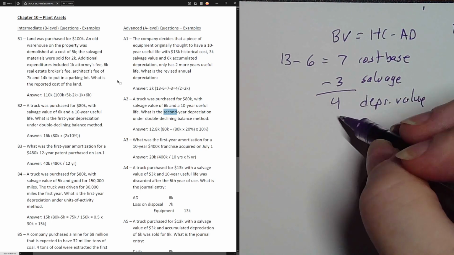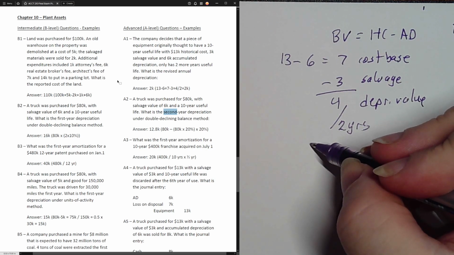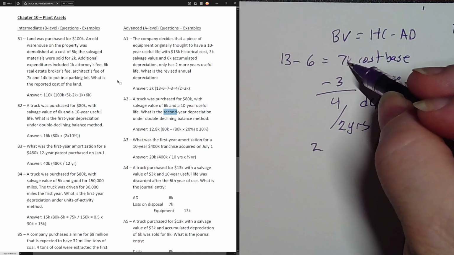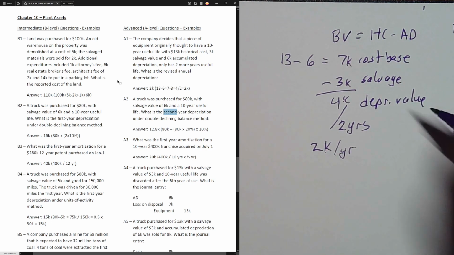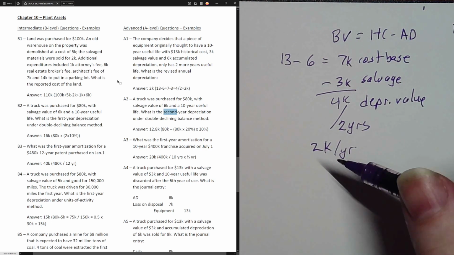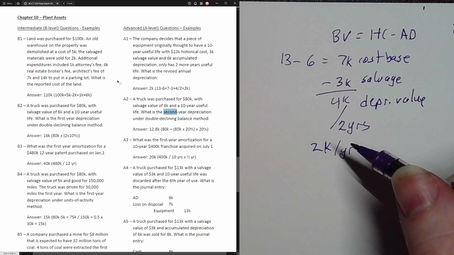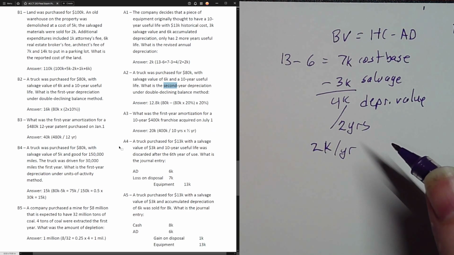And we're now depreciating it over 2 years. Now remember these are in thousands. We're depreciating at $2,000 per year. And we don't have to do another journal entry. All we need to do is the next time around start using 2,000 as our depreciation amount.